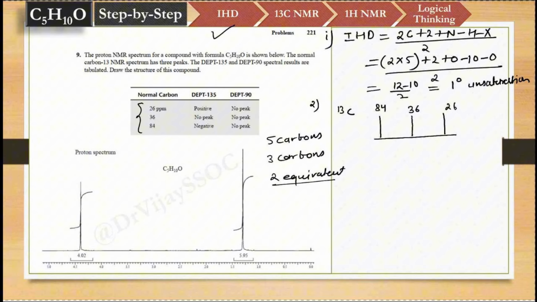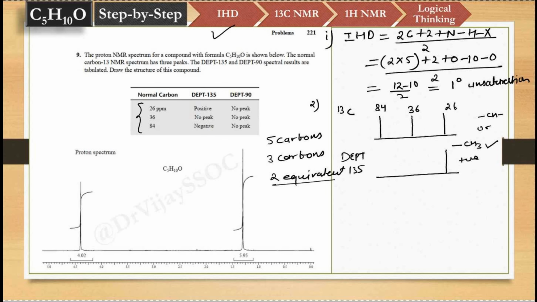Now if you look at DEPT 135, this signal is in the positive phase. In the positive phase, we see the signals for methyl or CH, methine carbon. Since it is at 26 ppm, which is in the shielded region, we can say that this belongs to the methyl carbon.